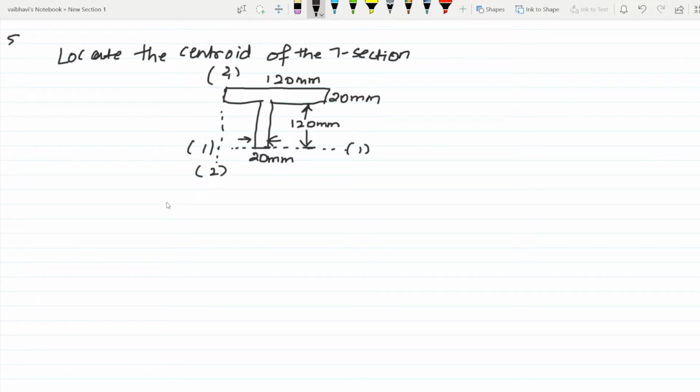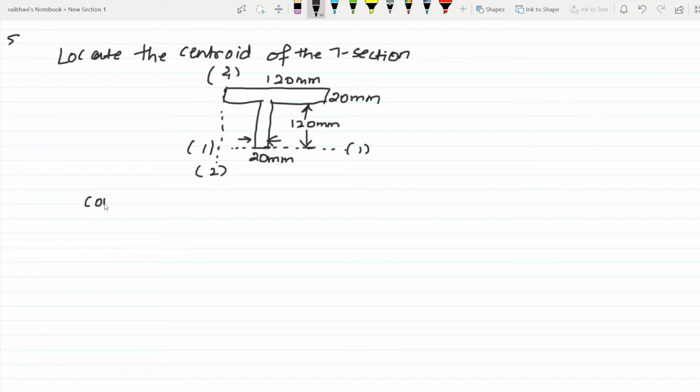Now first, in a centroid problem, we have to divide the given figure into simple figures. So we can divide this T section into two simple rectangular portions. Let us prepare a tabular column.